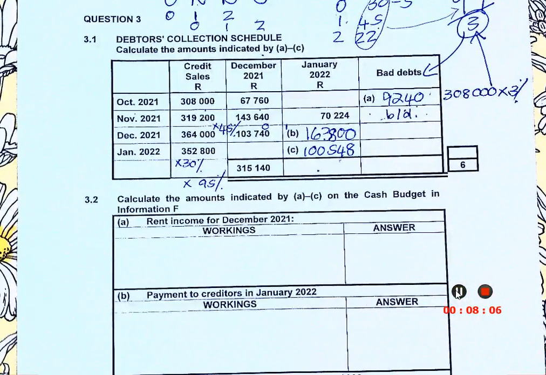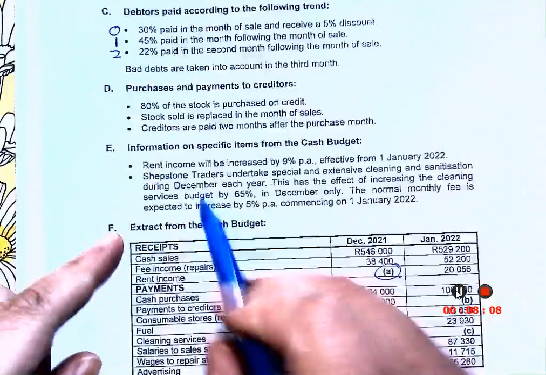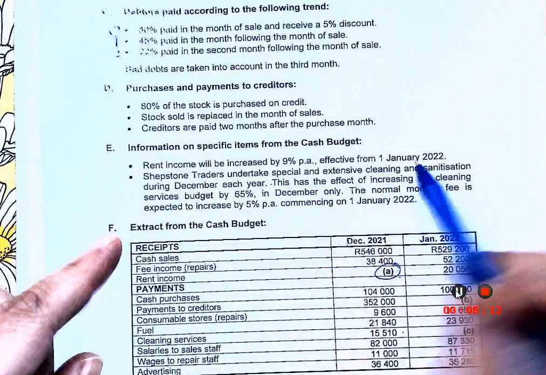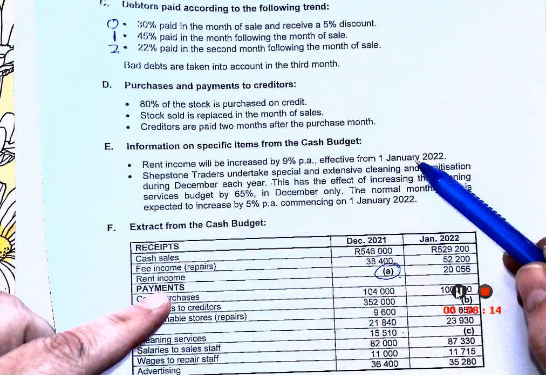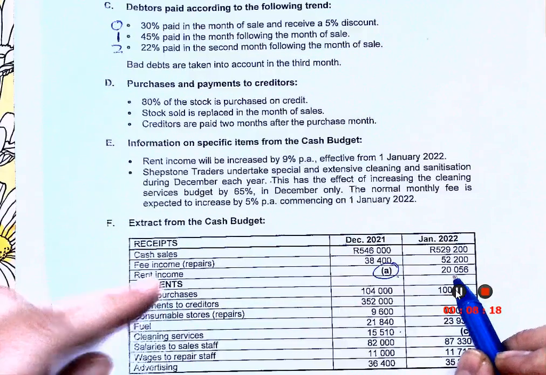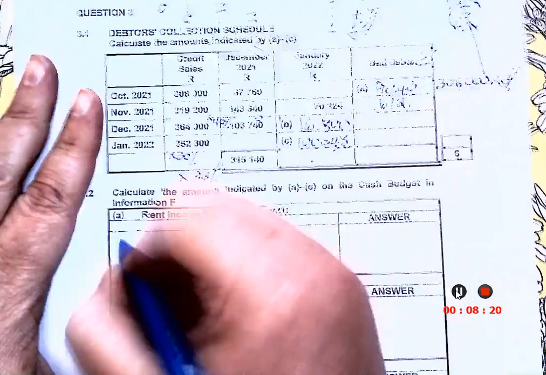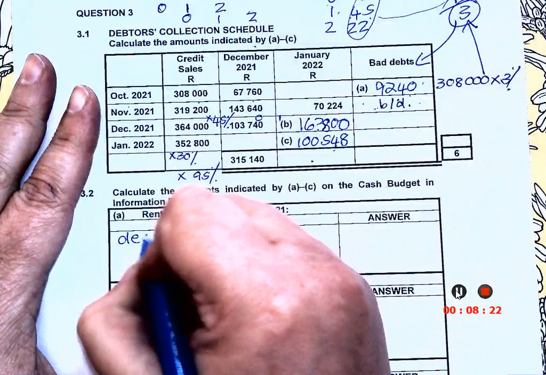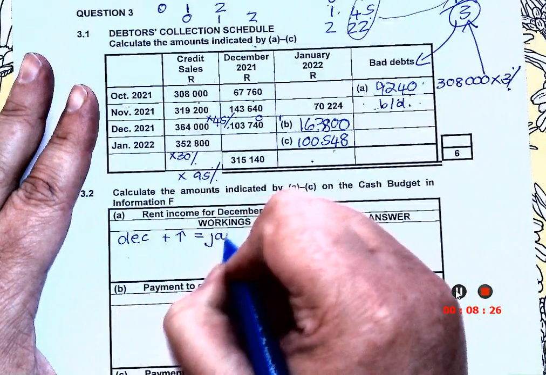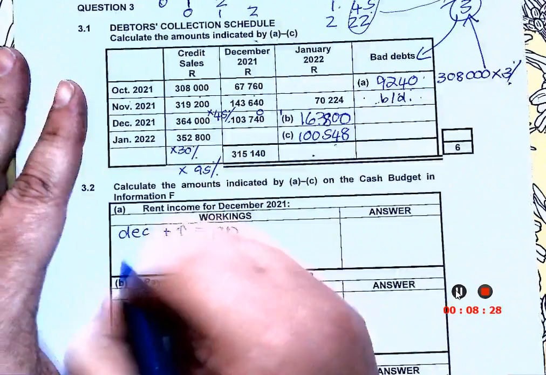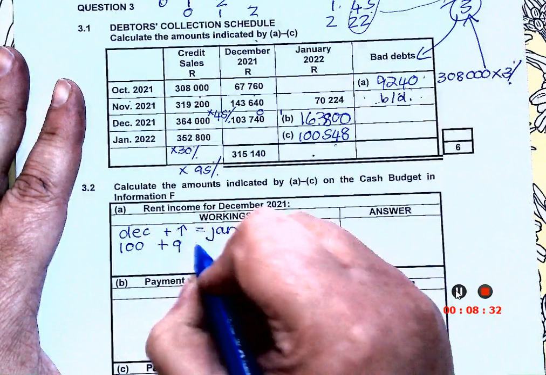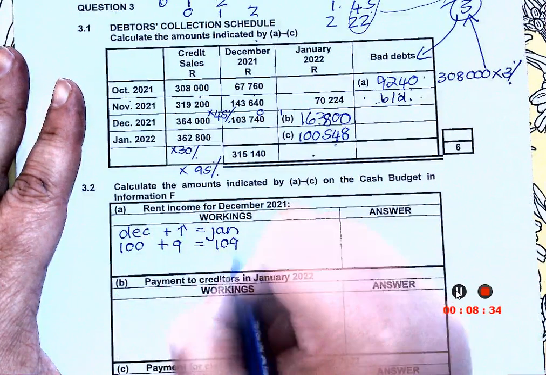They say rent income will be increased with 9% effective January. Meaning that one is after the increase. So December plus the increase gives me January. December is 100, the increase is 9, meaning January is 109.